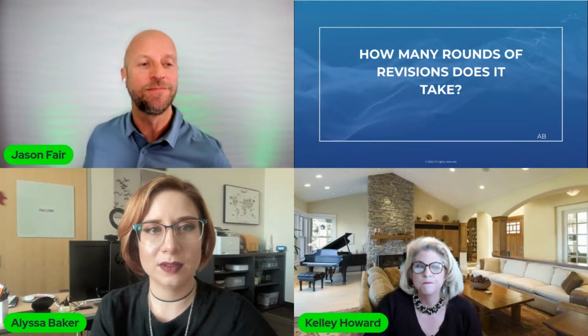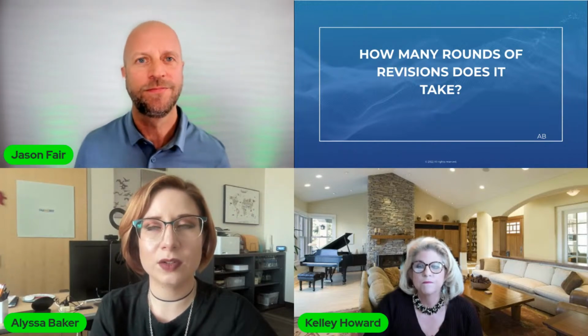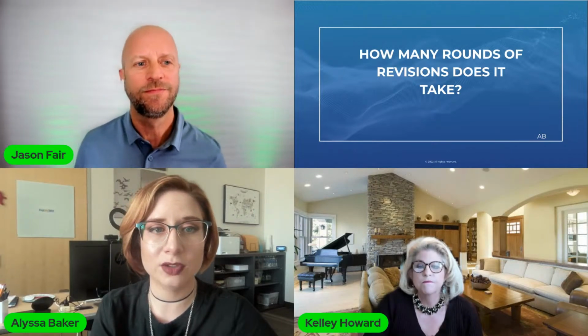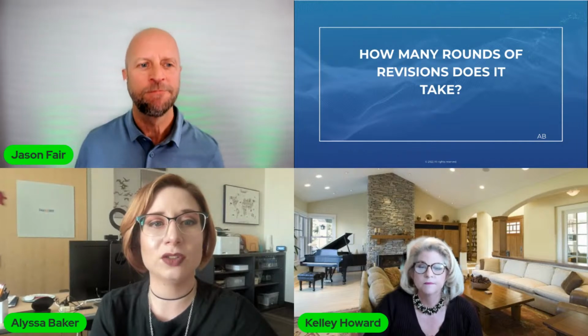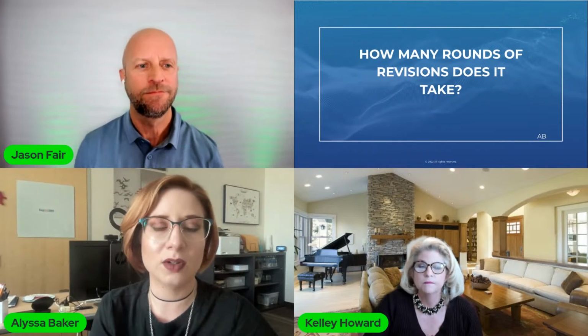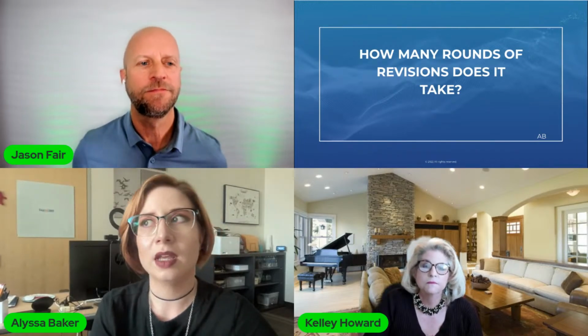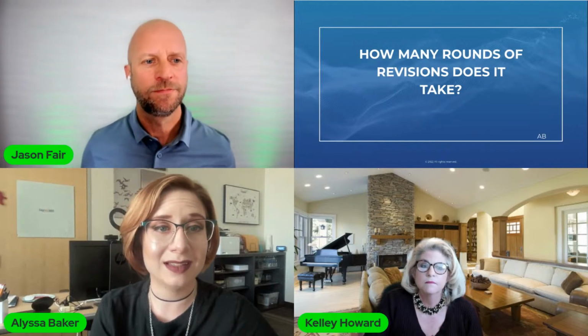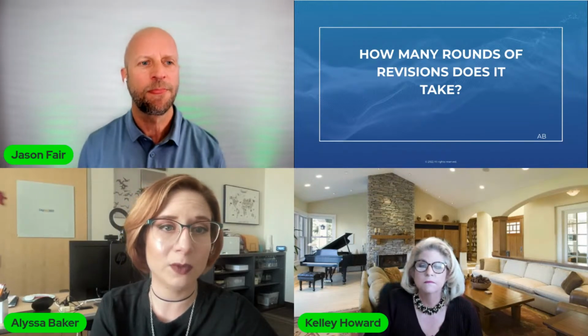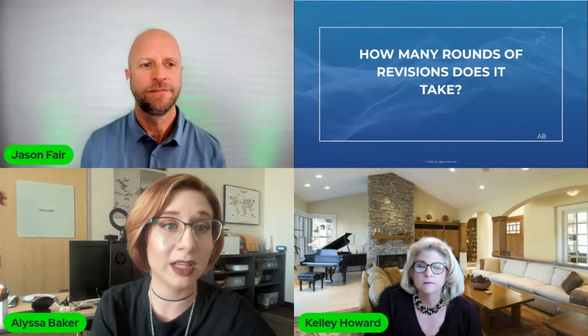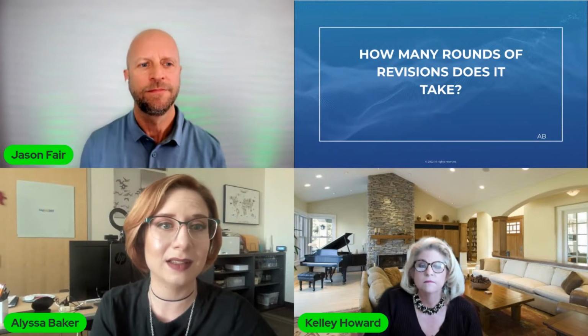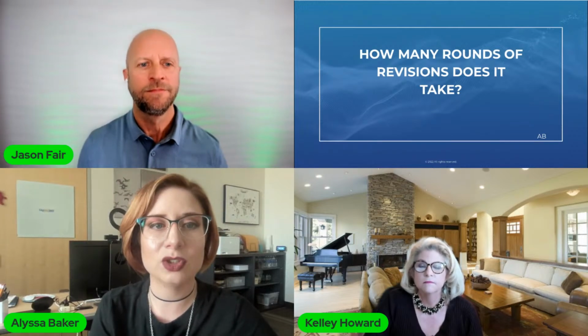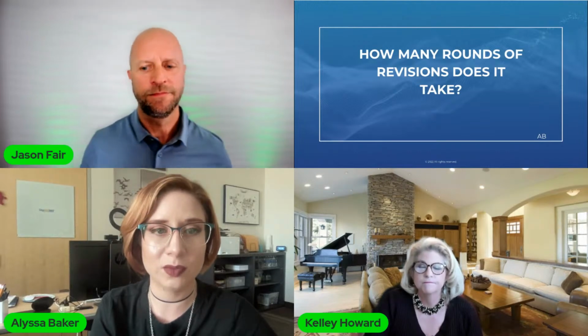Yeah. Right? The first round of revisions is a great opportunity for creative changes. Like, hey, we want to change the design of certain elements or change colors, or maybe the story isn't conveying this point we want to hit on with our audience, and we need to add an extra line of dialogue, which may create additional scenes in the video, right? Those types of changes should definitely be happening on that first round of review.